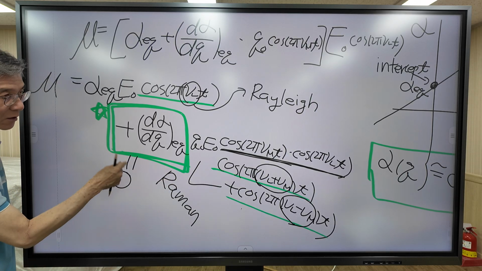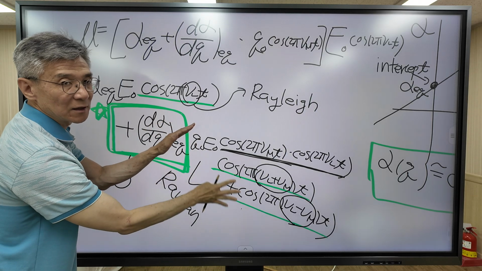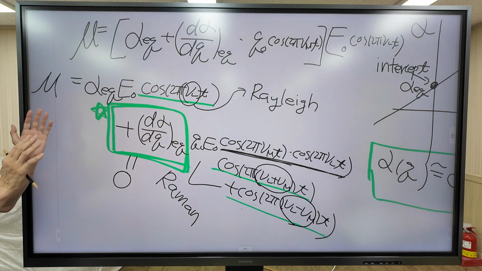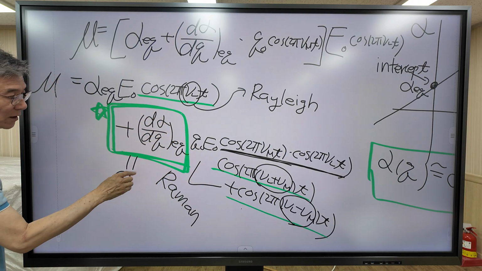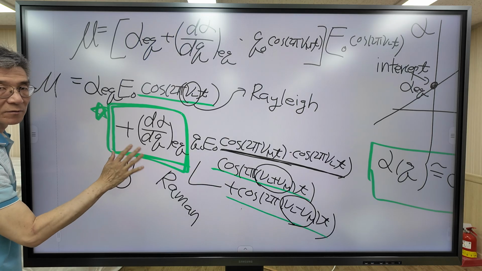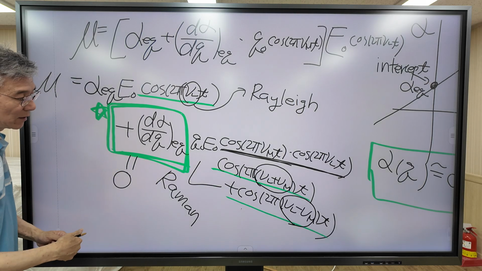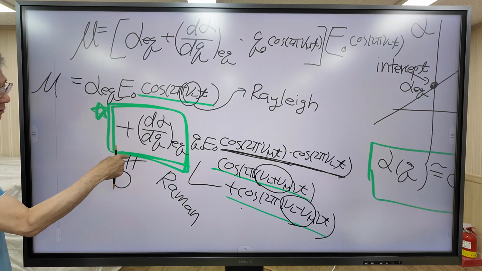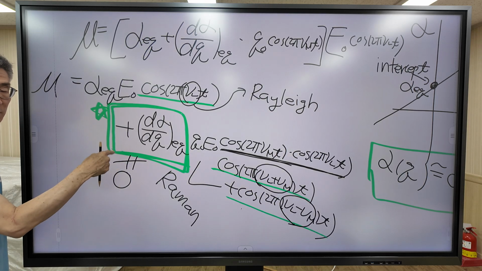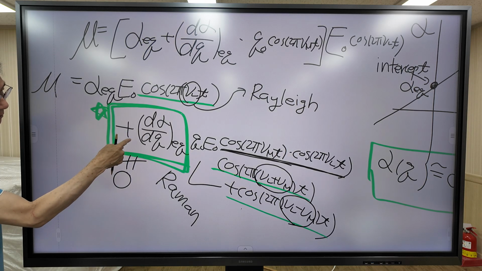If this term is 0, the Raman term vanishes and cannot be observed. So for Raman to be active, this term should not be 0.